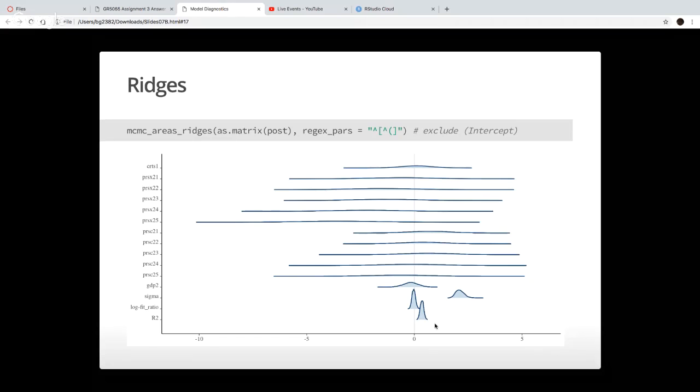A lot of these functions allow you to specify pars, which is what parameters you want to plot, or regex_pars, which takes a regular expression. Here I excluded the intercept because it threw off the scale of everything, but I had to use a regular expression to do that most efficiently, excluding anything that starts with an open parenthesis.